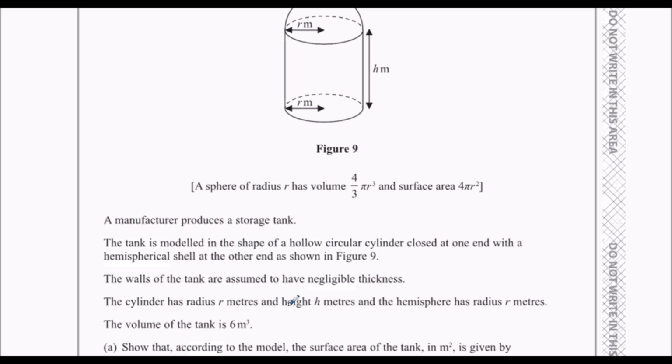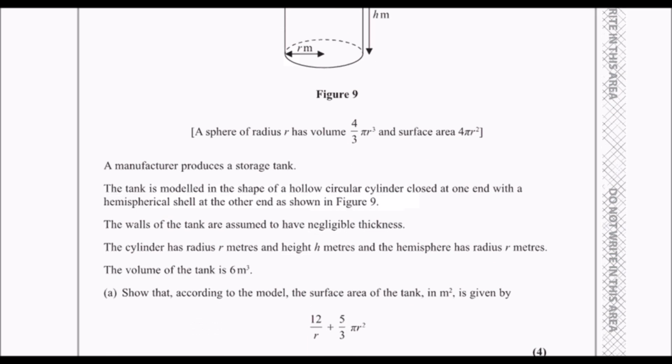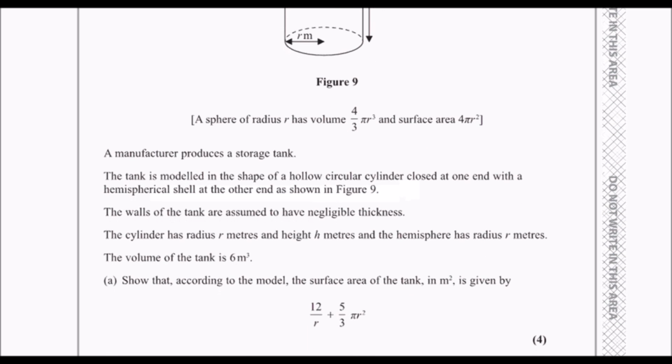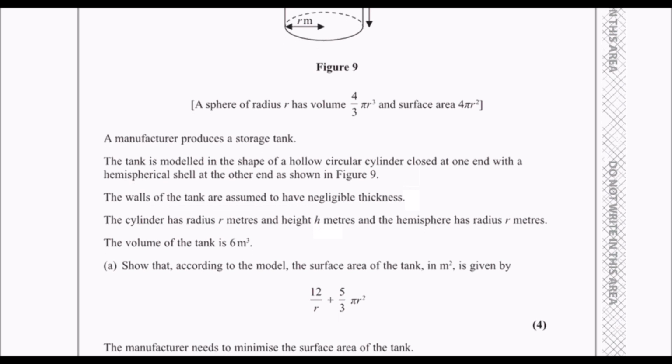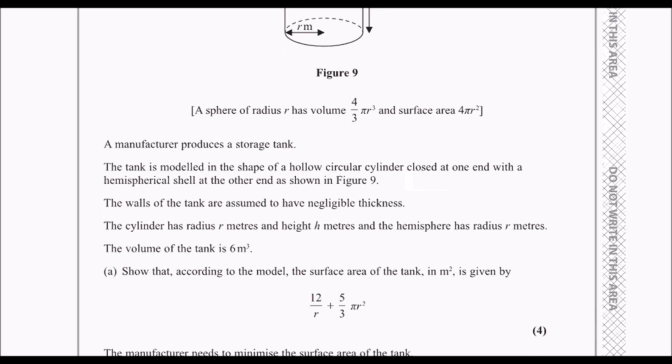The walls of the tank are assumed to have negligible thickness. The cylinder has a radius r, height h, hemisphere radius r. The volume is 6 meters cubed. Show the surface area of the tank in meters squared is given by this formula.